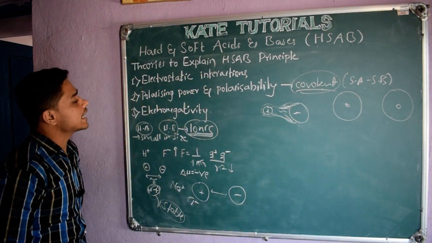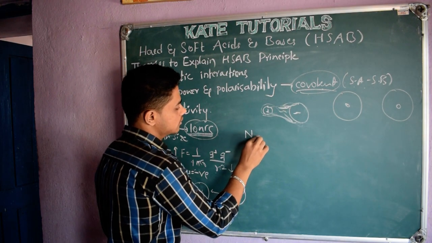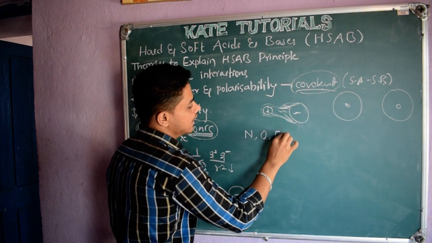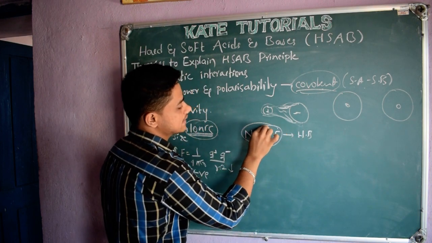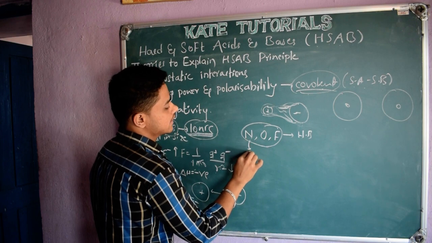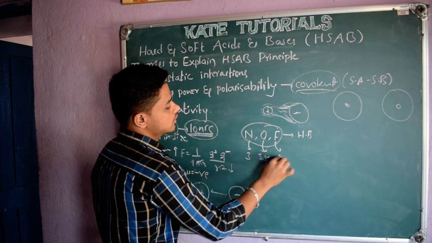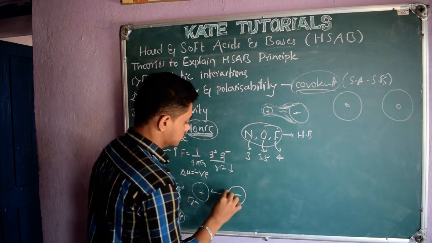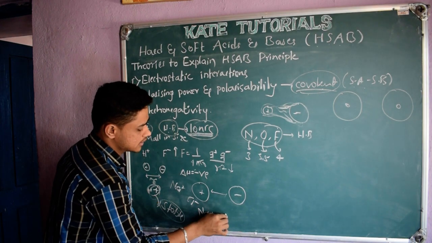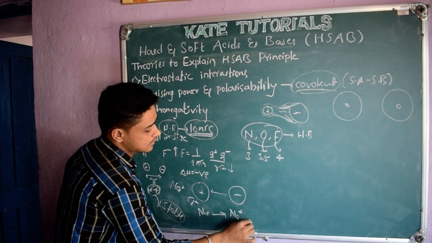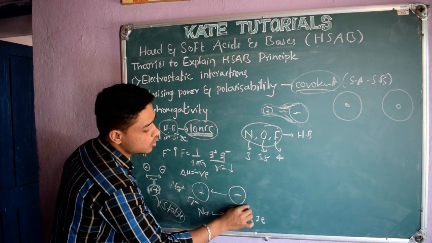About electronegativity, I always told that nitrogen, oxygen and fluorine are hard bases. Why are these hard bases? Because of small size and also more electronegativity. Their electronegativities are 3, 3.5 and 4. Also, sodium, Na, is more electropositive, so it gives up one electron to become Na+.